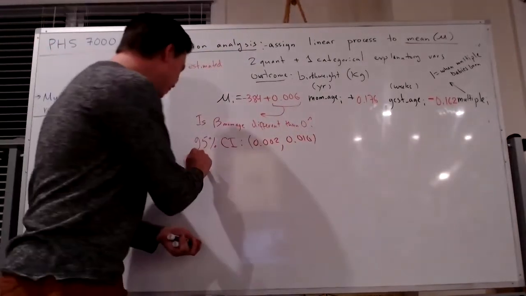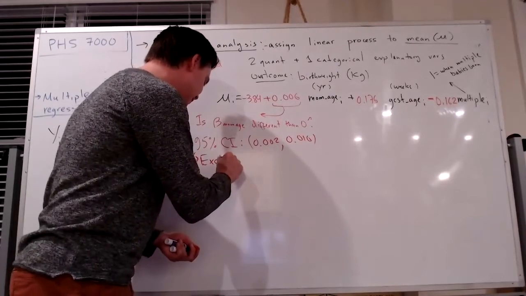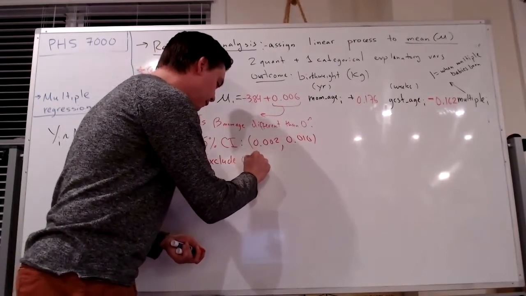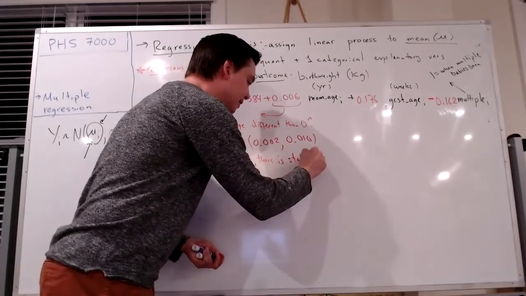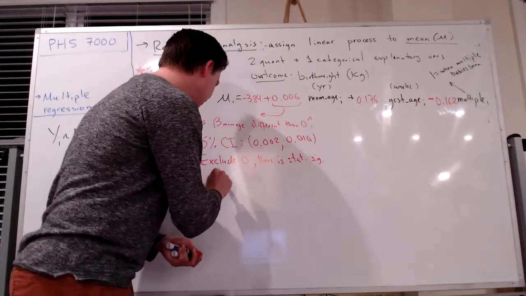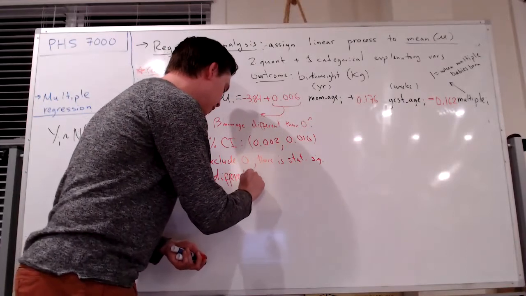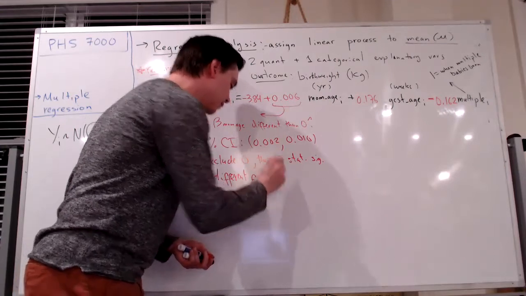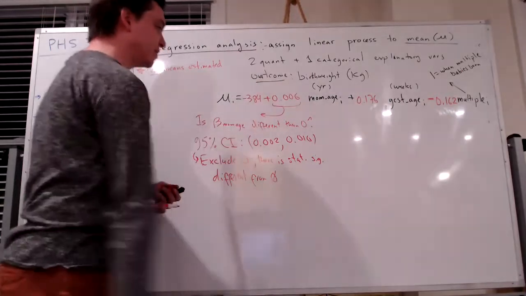All right, we exclude 0, therefore is statistically significantly different from 0. Very good.